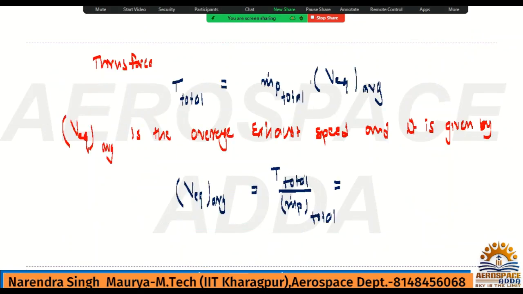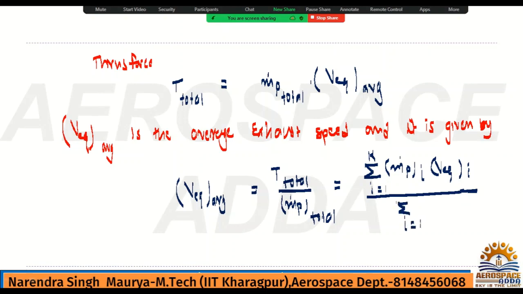You write here: the sum from i equal to 1 to k number of engines of m dot p i into V effective i, divided by the total mass flow rate of the propellant, which is the sum from i equal to 1 to k engines of m dot p of i. This is the average velocity.